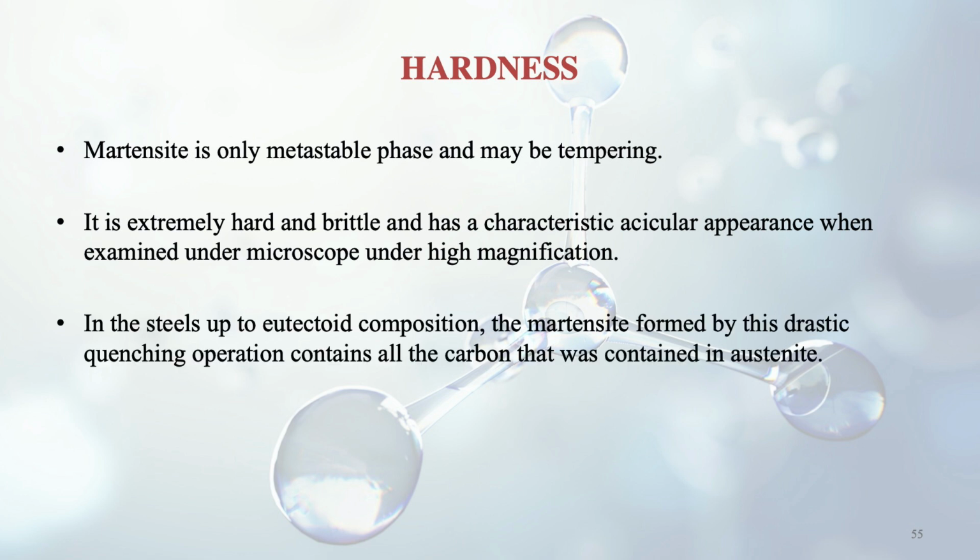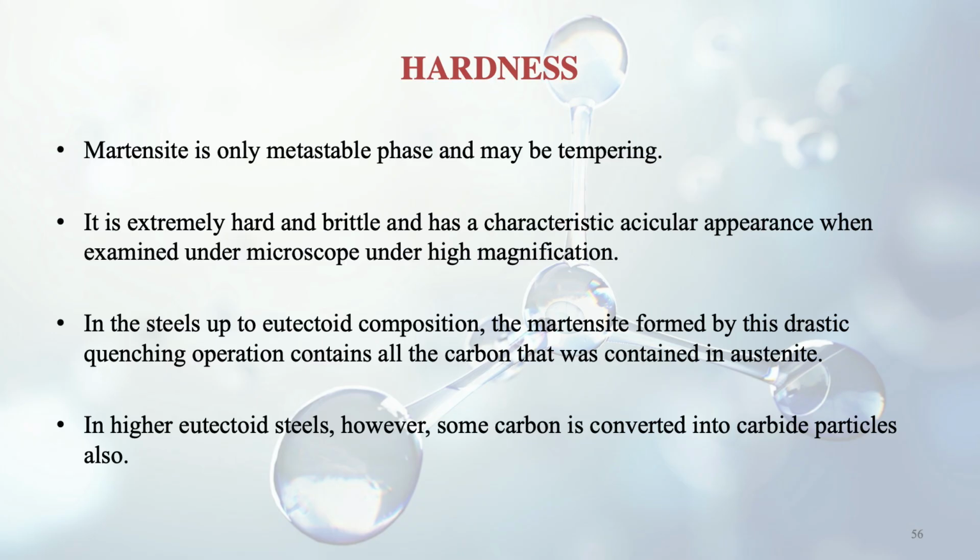In steel of sub-eutectoid composition, the martensite formed by this drastic quenching operation contains all the carbon that was contained in austenite. So if the cooling rate is very high, the carbon that was in the austenite is still there in the martensite phase also. In higher eutectoid steels, however, some carbon is converted into carbide particles also.